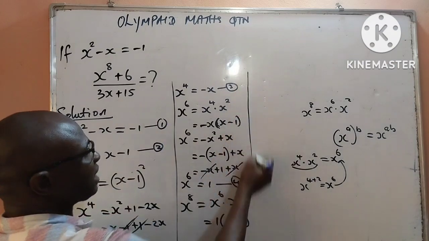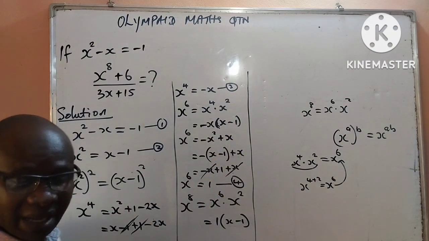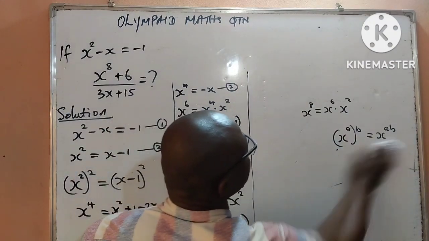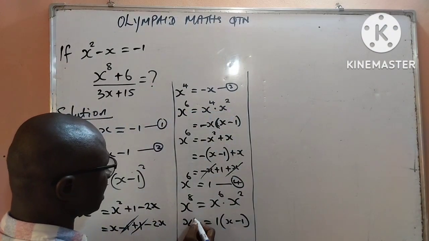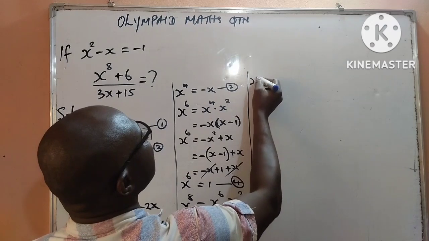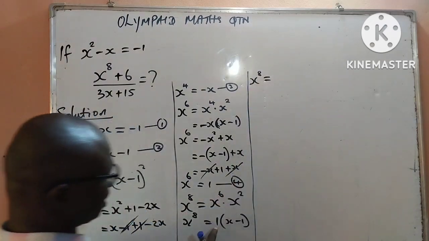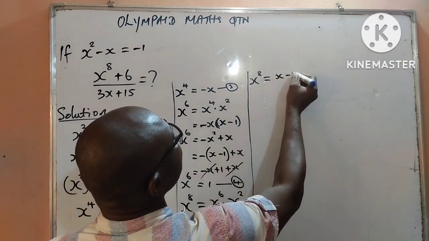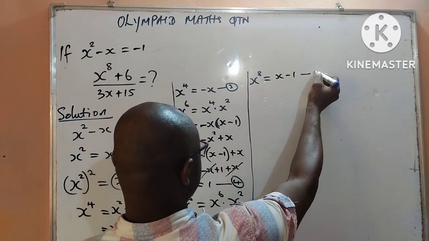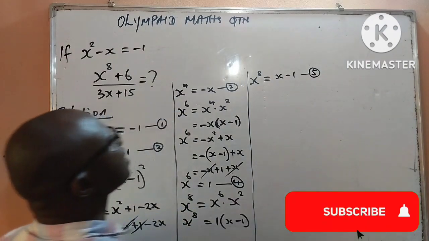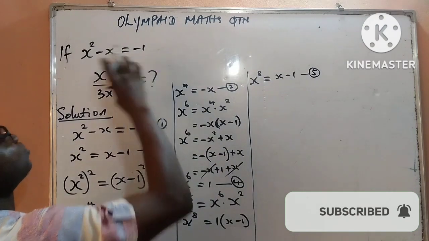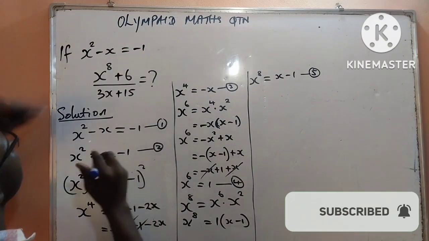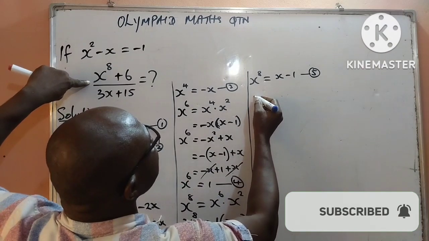Therefore, moving forward, I can now write that x to the power 8 is still equal to x minus 1, equation 5. I have now gotten x to the power 8. I can now go back to what I am asked to find.